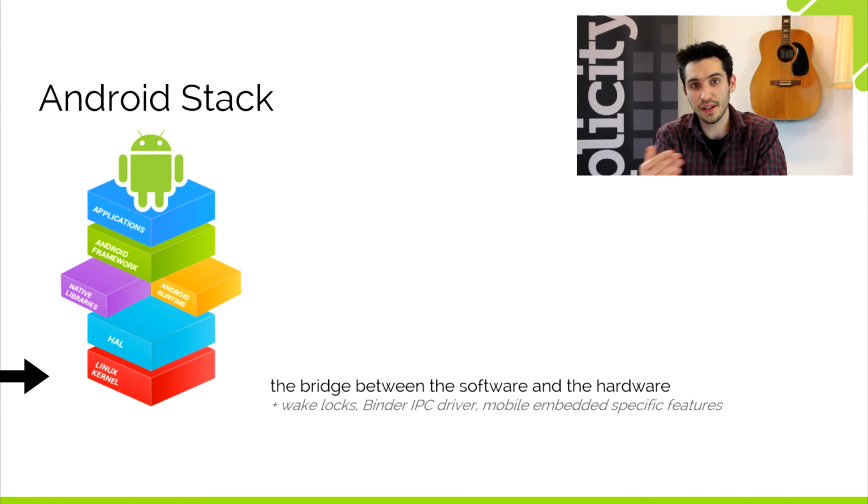So the software sends something to the kernel, which then communicates with the hardware, gives some information back to the kernel, and the kernel sends it back to the software. In the Android version of the Linux kernel, there are a couple of things in addition, including wake locks, the IPC binder, and some other mobile embedded specific features.